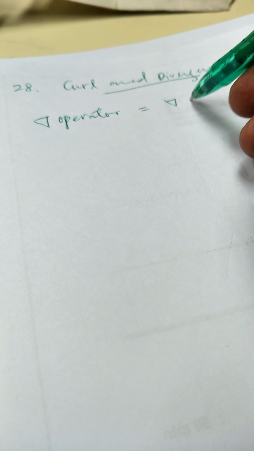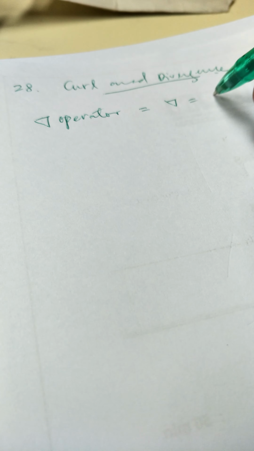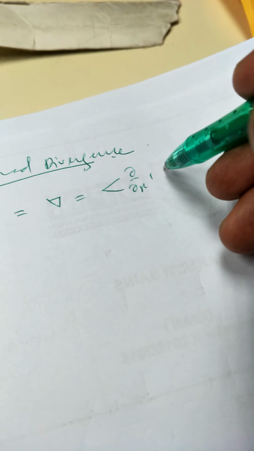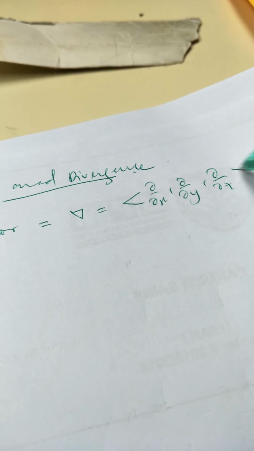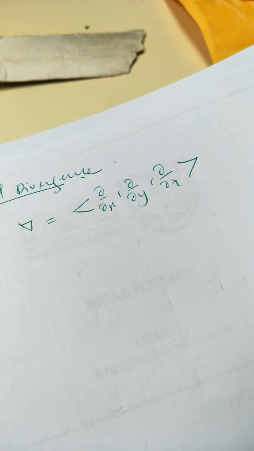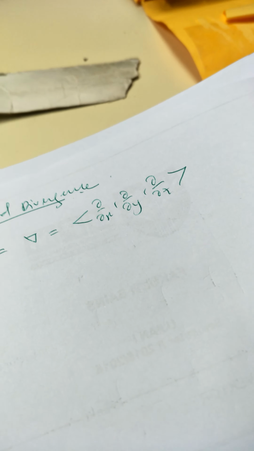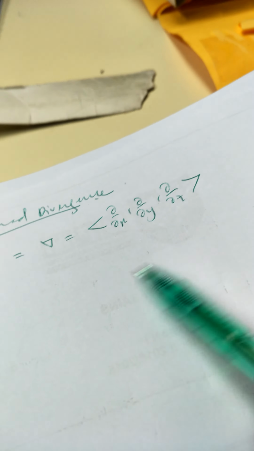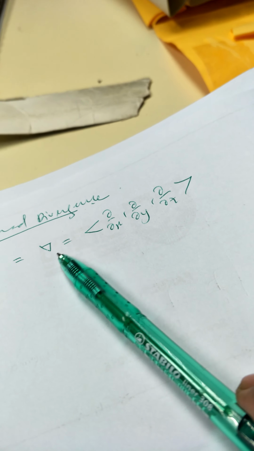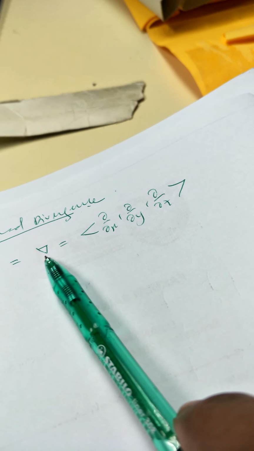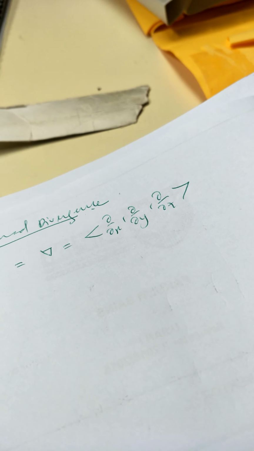So we define the del operator as this: del x, del y, del z. Right? We know this thing. You know it. So this operator del, without any function attached to it, gives no meaning. But once we attach a function to it, then it gives a meaning.